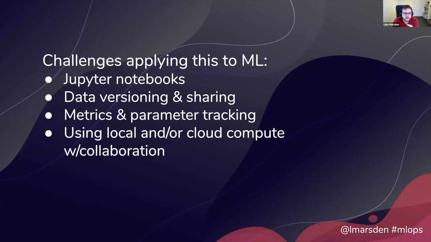But doing it effectively with machine learning is harder, where you've also got data that you need to move around, and you've got to keep track of metrics and parameters, and maybe you can't even really use Git with your Jupyter notebooks and still do effective collaboration. It makes it a lot more challenging to move around where you're doing the work.